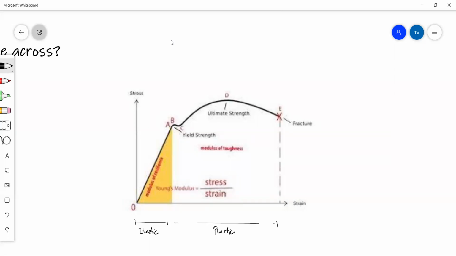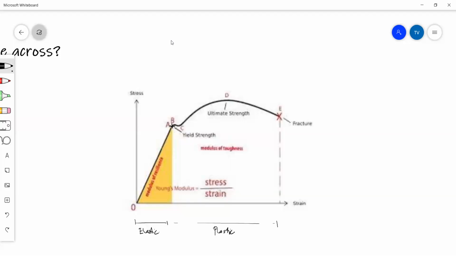Now there is a point where the stress and strain no longer have a directly proportional relationship, and the relationship becomes a lot more difficult to try and map. And this mapping is done through experimentation. All of these material properties are determined through years and years of experimentation.